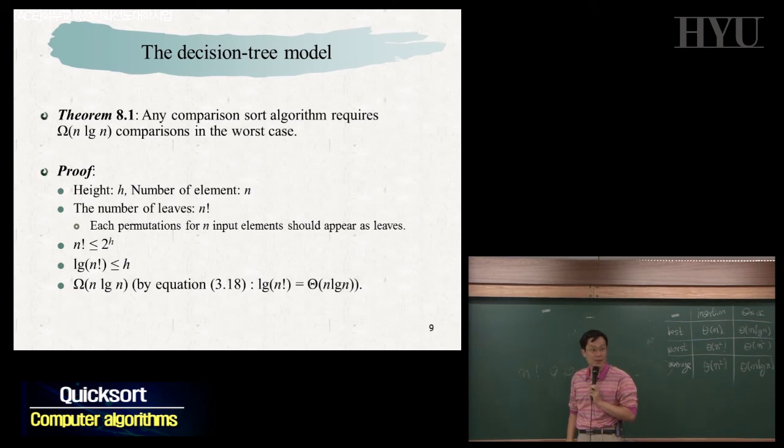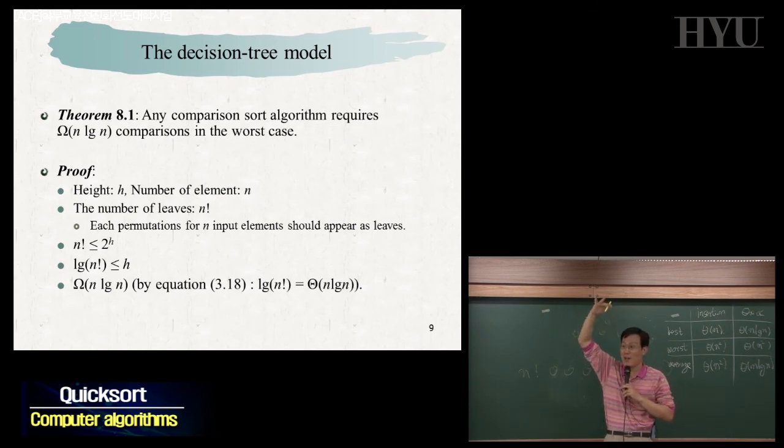Then the decision tree is a binary tree. As you know, the complete binary tree is the best binary tree that minimizes the height.